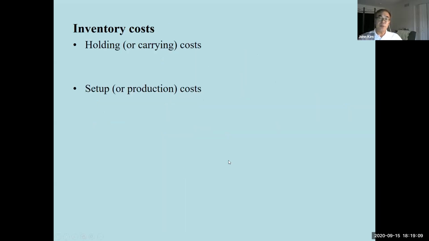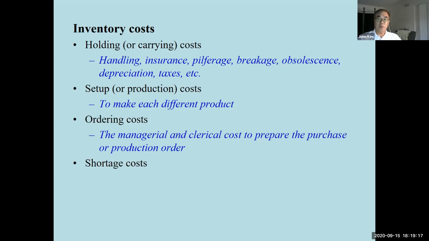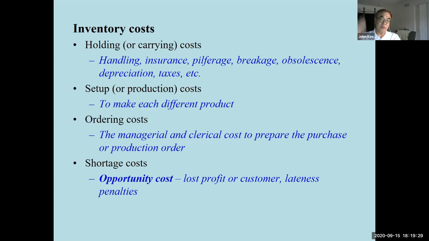The inventory costs are holding cost, setup cost, ordering cost, and strategic cost. Holding cost: if we have inventory, we may need space, employees, electricity, and so on, such as handling and insurance.